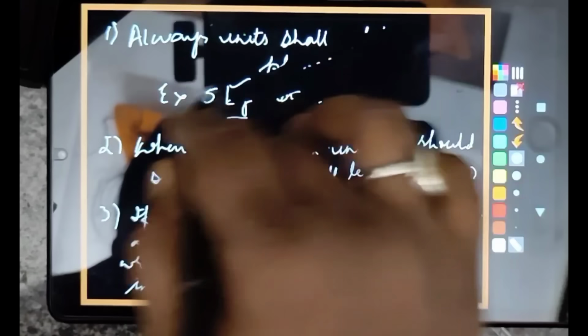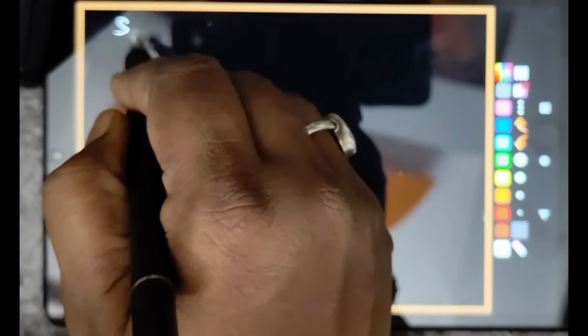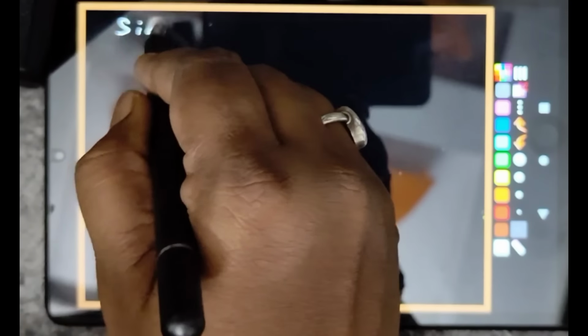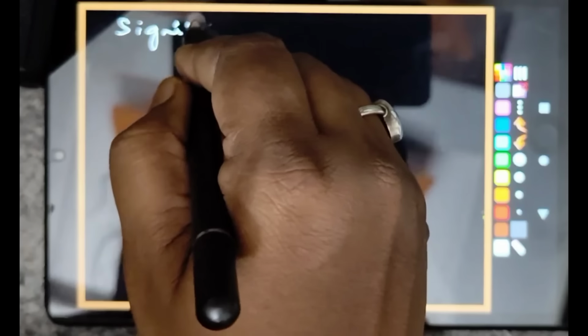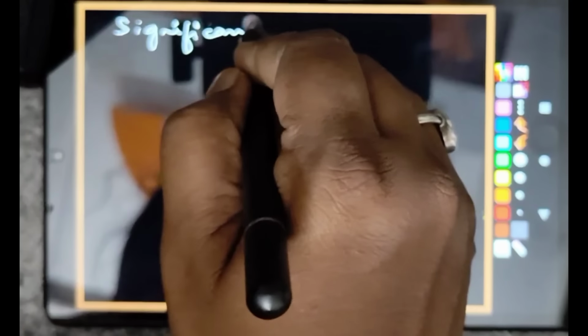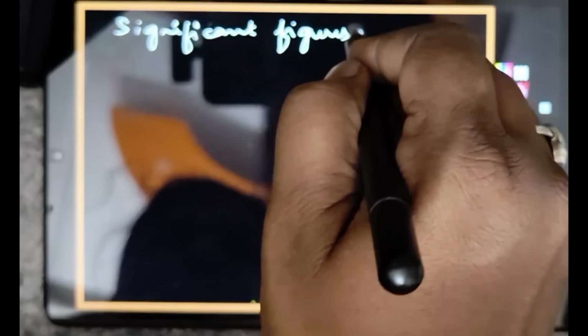Now let us find out the significant figures, or digits.